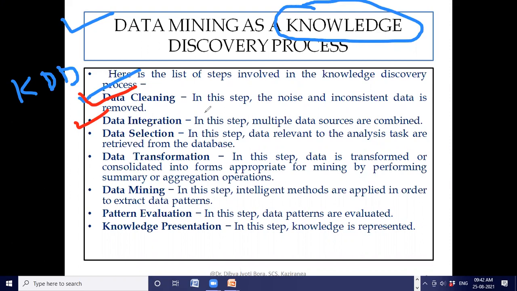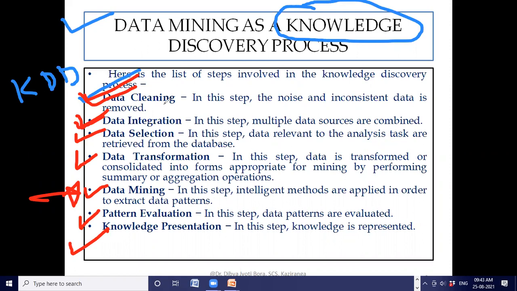So the first step is the data cleansing process. The second one is data integration. Third is data selection. Fourth is data transformation. Fifth, very important, is data mining. Then pattern evaluation, and then knowledge presentation. Each step we will discuss in detail.